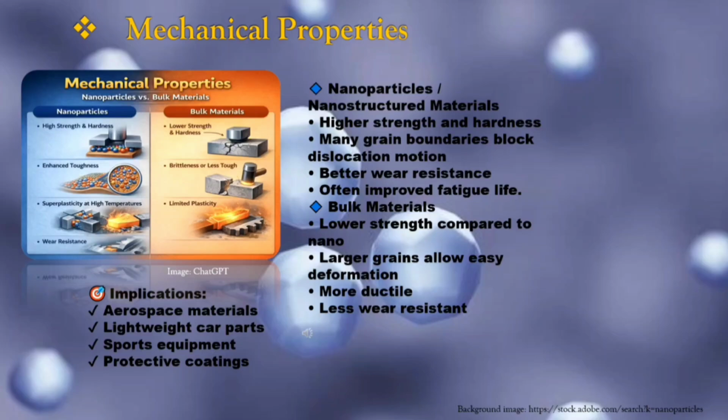Bulk materials, on the other hand, have larger grains that make it easier for defects to move, so they bend and stretch more easily. But they are not as strong and their surfaces get damaged more easily compared to nanomaterials. That's why nanomaterials are used in things like airplane parts, lightweight car components, sports gear, and protective coatings.